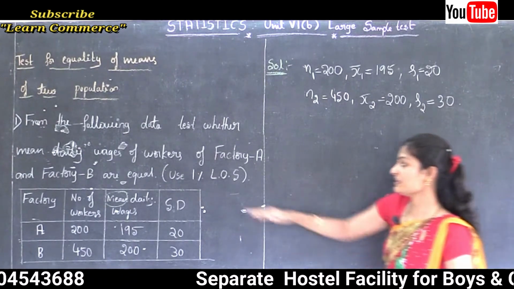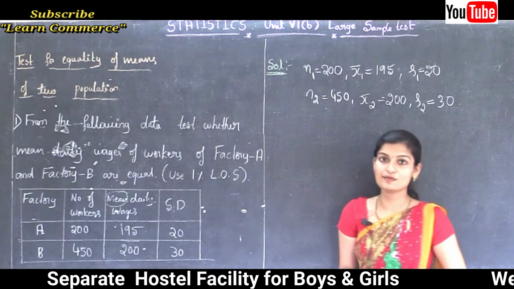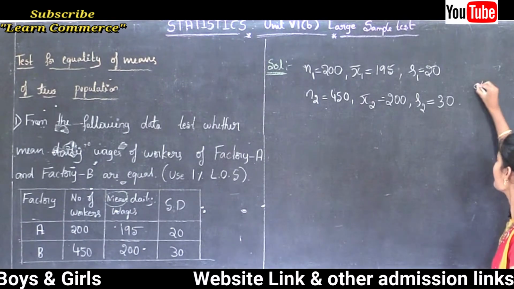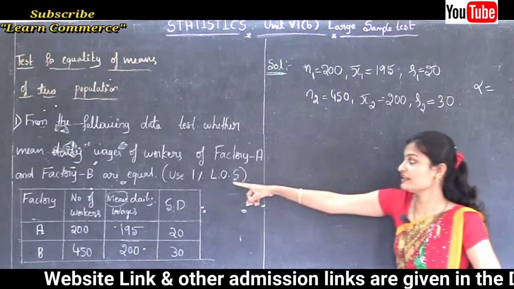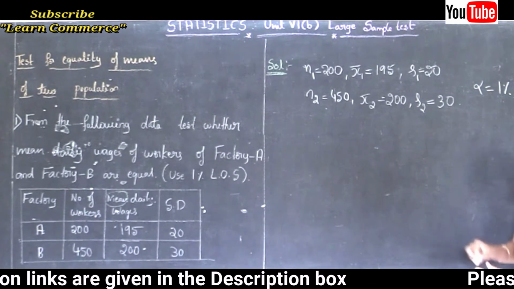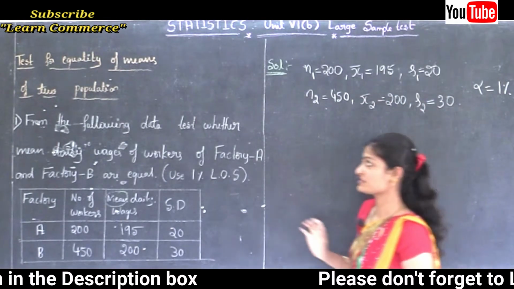Here they have given to use a 1% level of significance. Level of significance is denoted by alpha, so alpha is 1%.